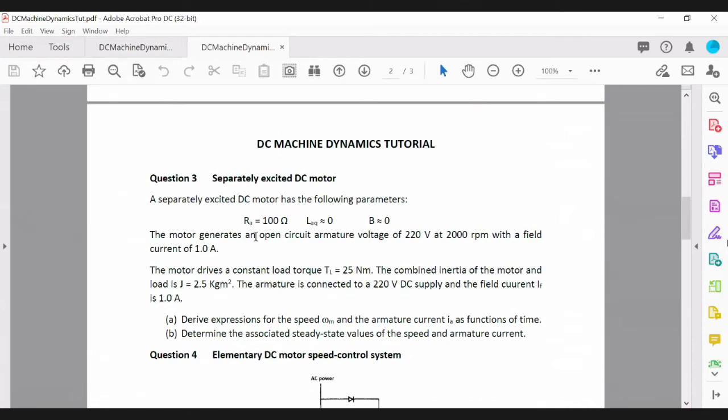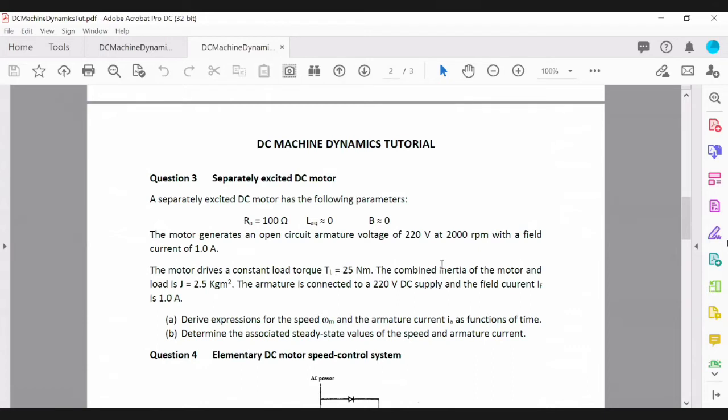The next question is on a motor, a separately excited DC motor, and here we've been given the information. For example, here we know that the motor generates a certain armature voltage at rated speed with a certain field current, and we also know what is the load torque, right?